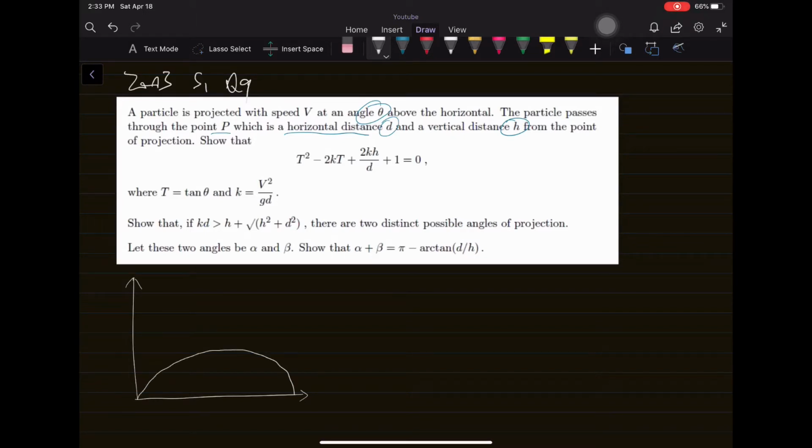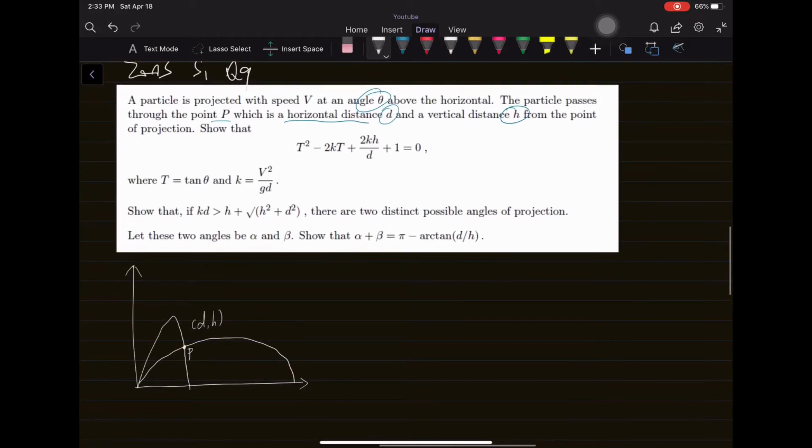But it has two situations. Maybe the P is here and maybe the P is here, with a different projecting angle. The coordinate of P is (d, h). So we plug in first.